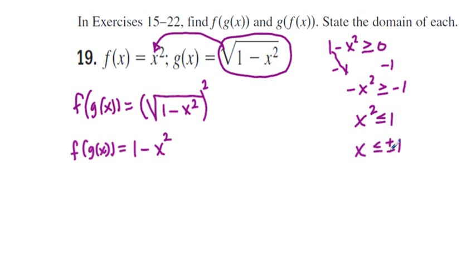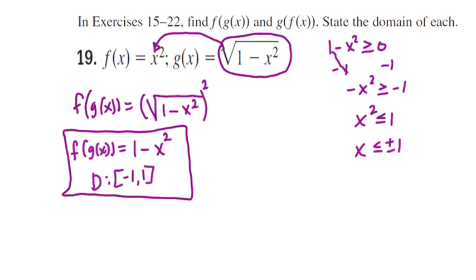So again, between negative 1 and 1. So our domain is going to be negative 1 to 1. That's going to be this part of it.